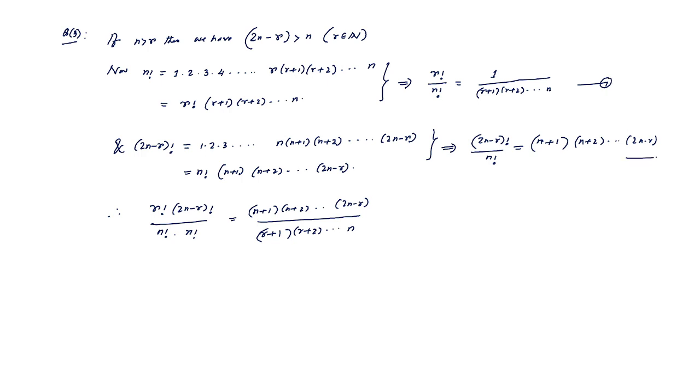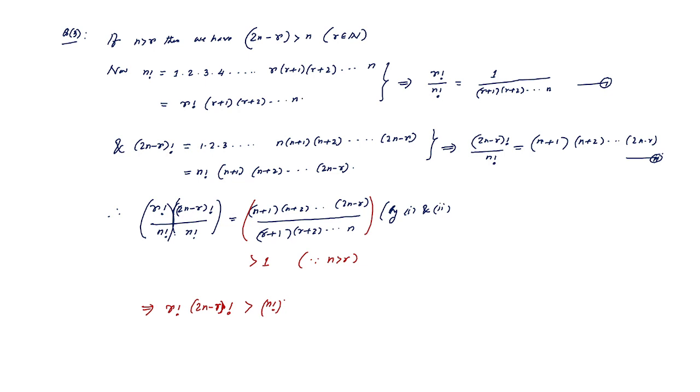So you can consider these as 1 and 2, and just multiply these two numbers. So this value must be greater than 1 since n is greater than r. So this fraction is basically greater than 1. So that means from this expression we can write r factorial into 2n minus r factorial is greater than n factorial whole square.